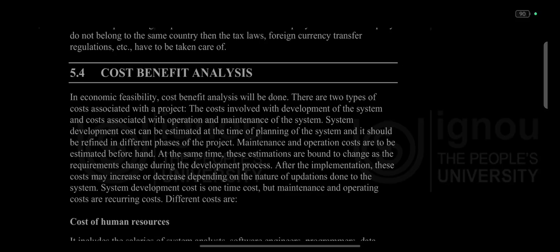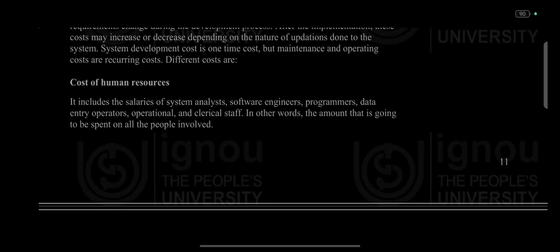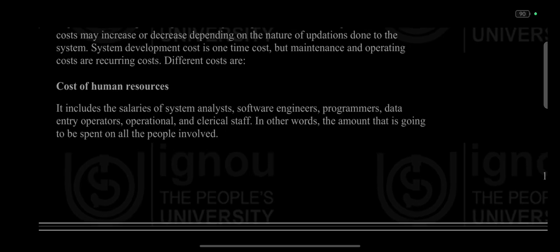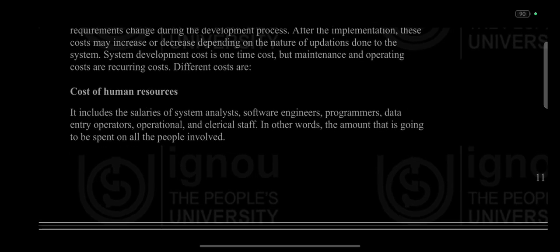Different costs are cost of human resources. It includes the salaries of system analysts, software engineers, programmers, data entry operators, operational and clerical staff.